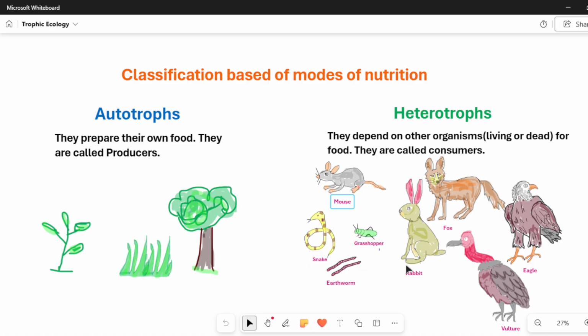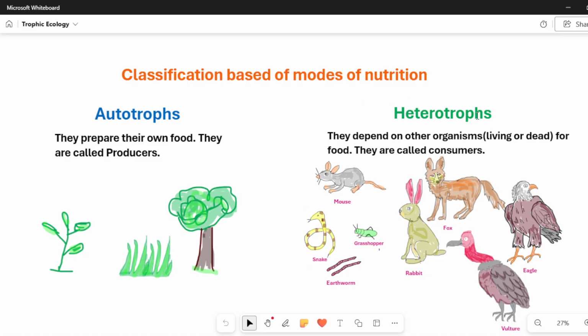So all these animals like rabbit, fox, birds like eagle, vulture, insects like grasshoppers, snake, reptile, earthworm, mouse, are heterotrophs because they cannot produce their own food unlike the plants. So these are the two broad categories of classification based on the modes of nutrition, that is, how they get their food.